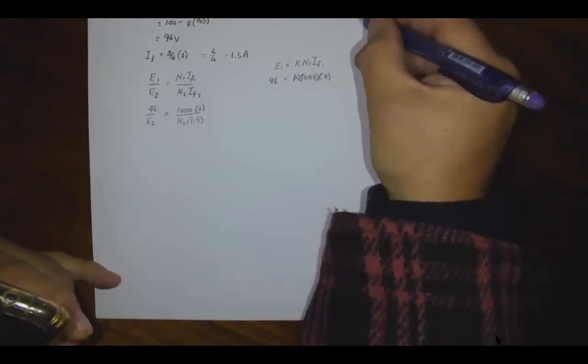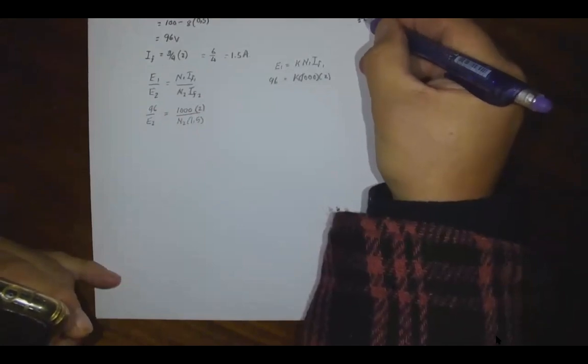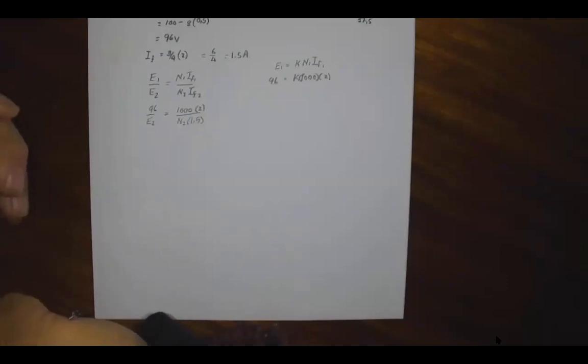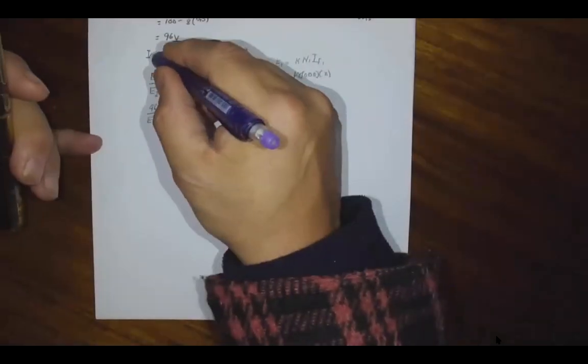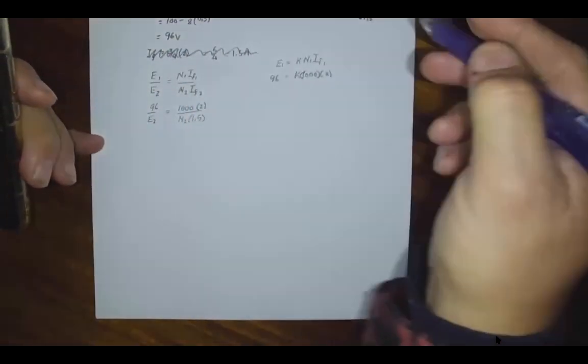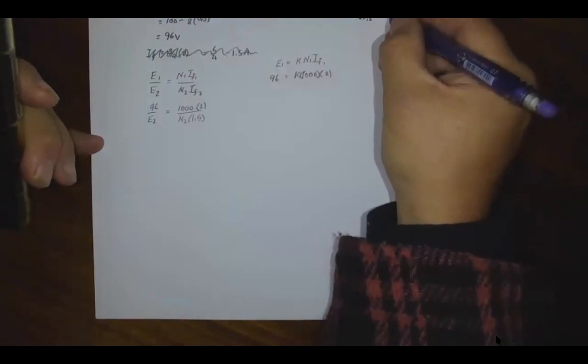So 100 divided by 37.5 is how much? Okay, so that makes a difference. I thought it would be the same. So that gives us 2.667.